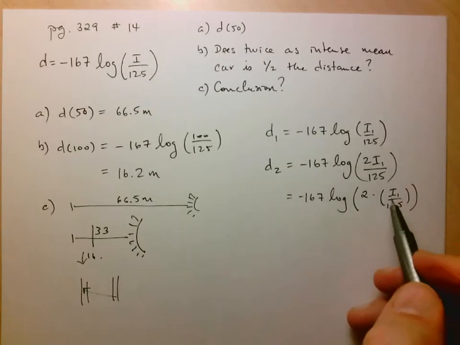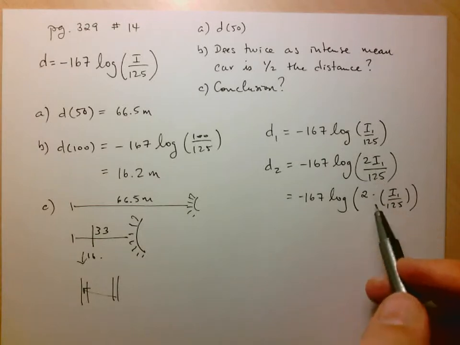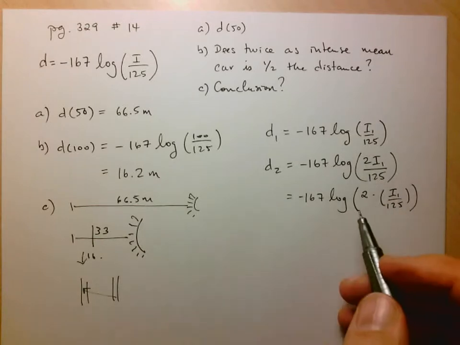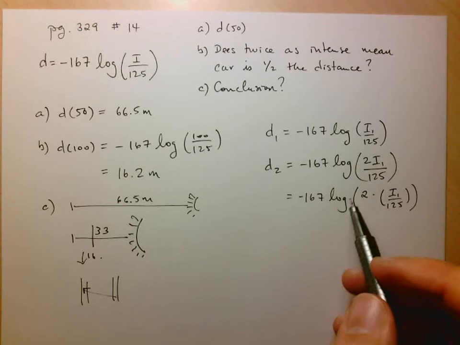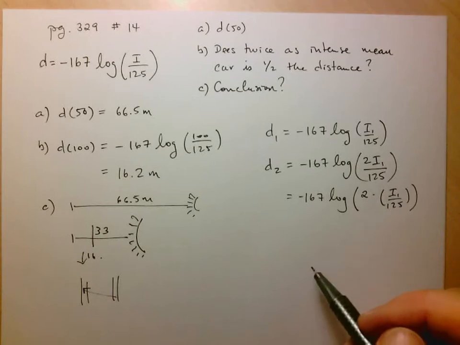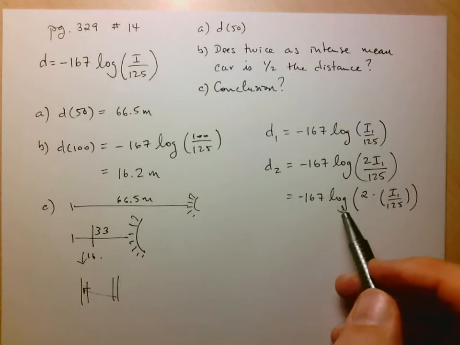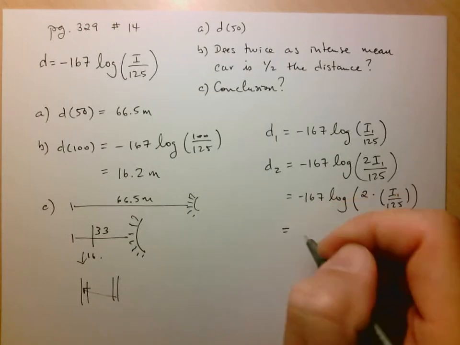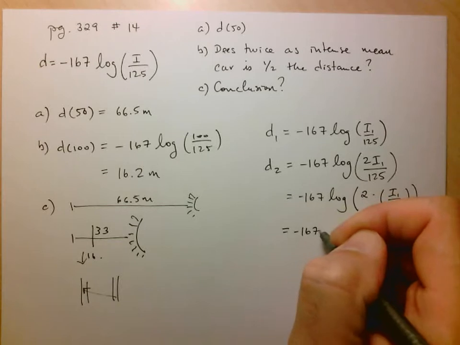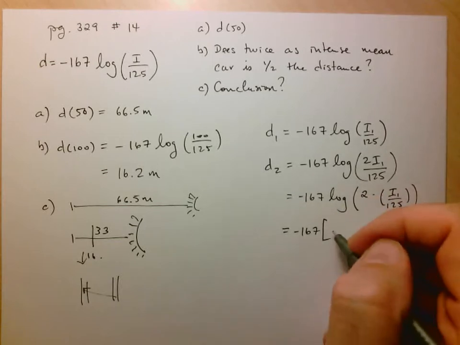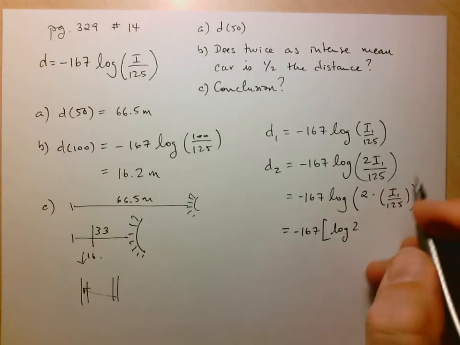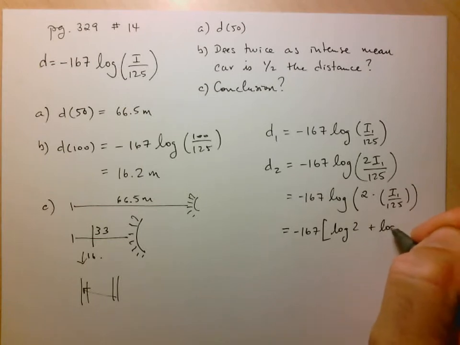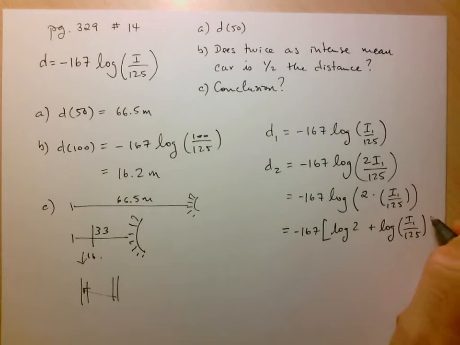Perfectly legal; these two things are exactly identical. Now hopefully you remember that we have a principle for logarithms that says the logarithm of a product is the sum of the logarithms. So this can be rewritten as negative 167 times the quantity log of 2 plus log of I1 over 125.